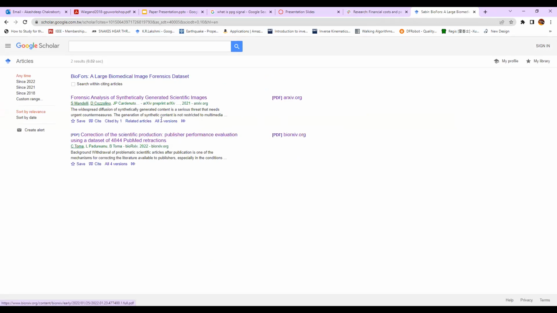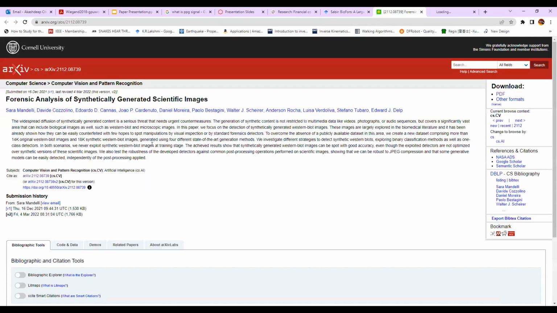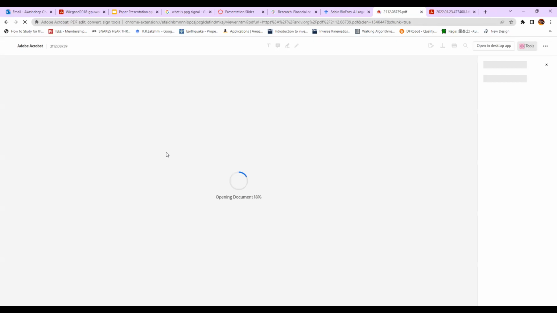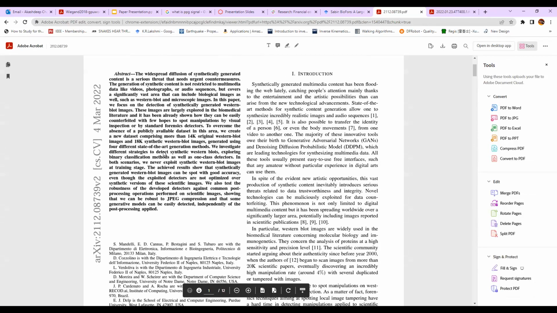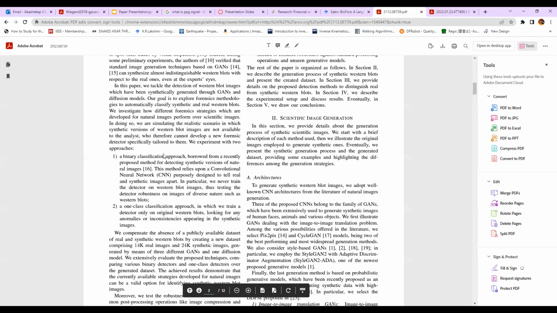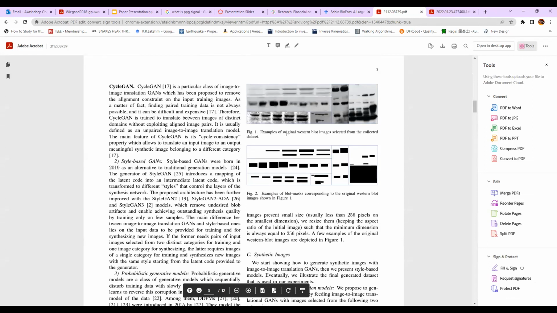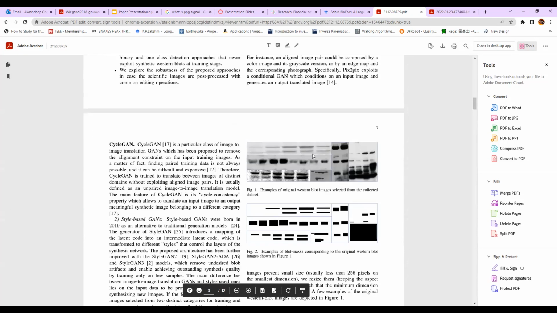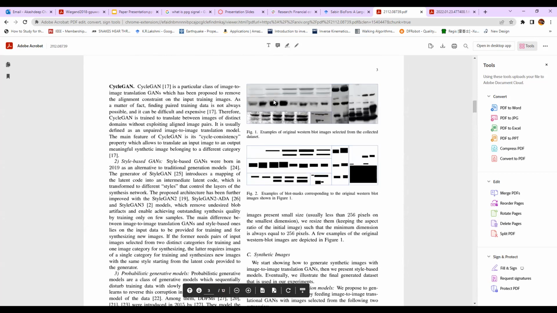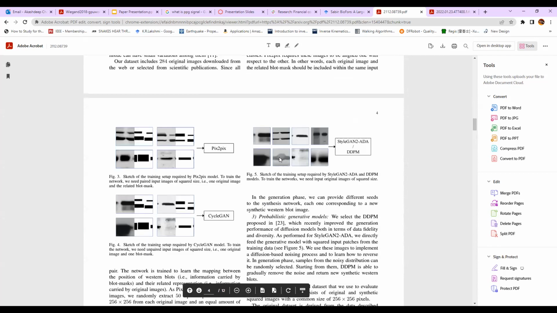The two papers I went through show the real concern. If somebody has the time, they can go through them to see what problem they are facing. Again, see examples of original Western blot images selected and collected from the dataset. These things are happening a lot because they have monotonous backgrounds, and detecting them is really hard if it's copied.